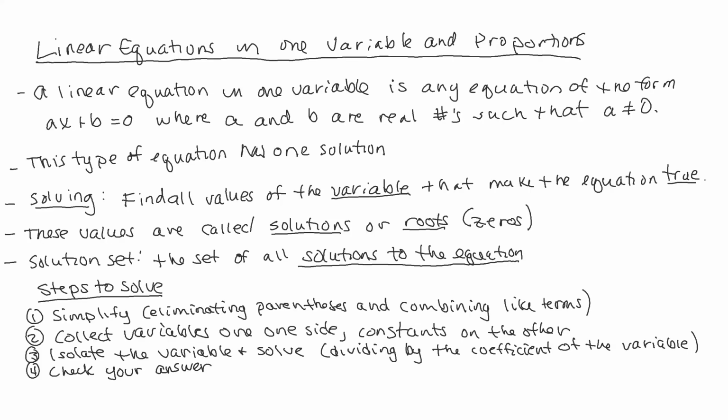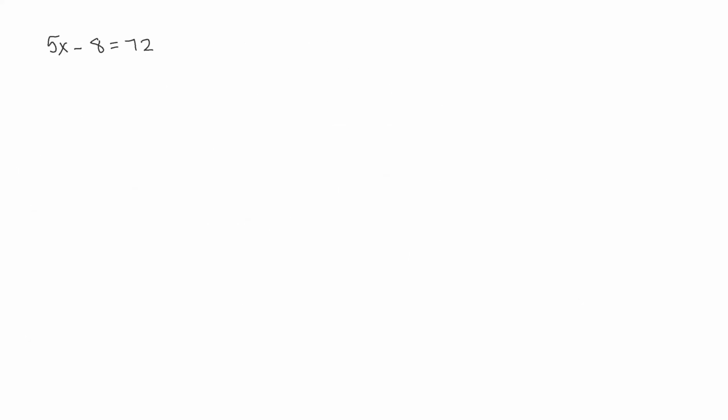So we then want to move to step 2. So step 2 says collect the variables on one side, the constants on the other. So if we go back to this problem here, we have all of our variables in a single term, but that term is not by itself. So what we want to do is isolate the 5x. And to do that, we need to undo that subtraction of 8. So how do you undo subtraction?